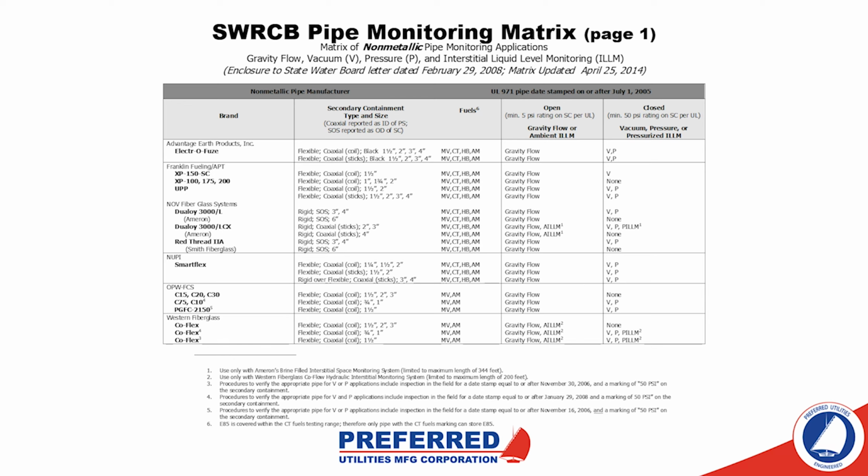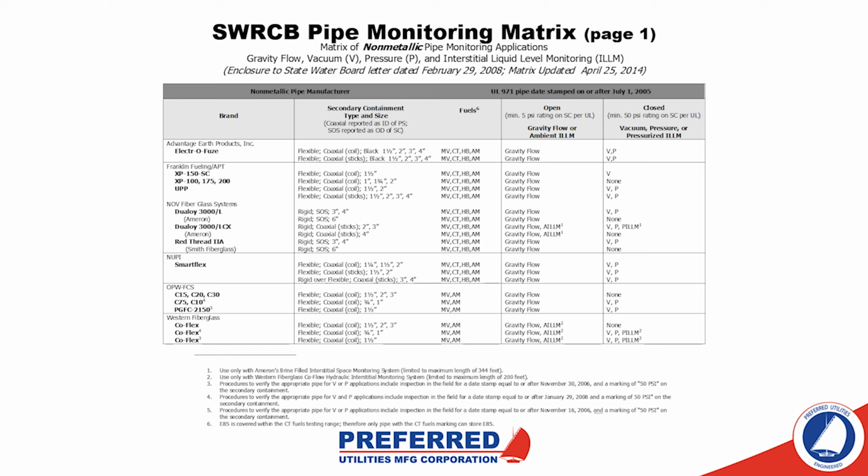This is the SWRCB pipe monitoring matrix. As you can see, this is page 1, and basically this is just a listing by the SWRCB of approved products for pressure and suction systems for underground storage tanks. So it's important to be on this list. In fact, it's required in order for installation on a new UST.